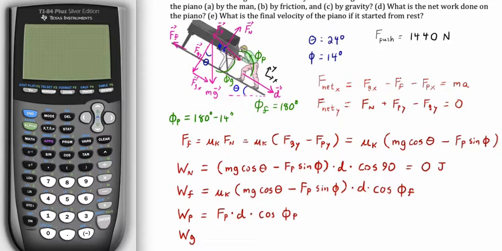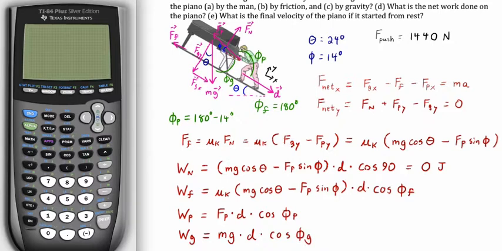And then lastly, for the work of gravity, which is not 90 degrees to the displacement, right? Because this is not a flat surface. So for gravity, we can clearly see that the angle between the displacement and gravity is definitely not 90, and we call it here phi g, and we'll see what it is. So we're going to have mg, which is the gravitational force, multiplied by the displacement, and then cosine of phi g.